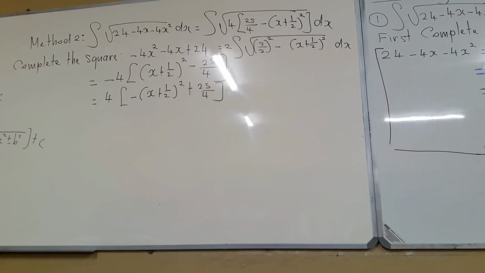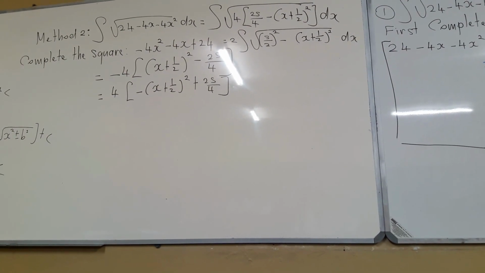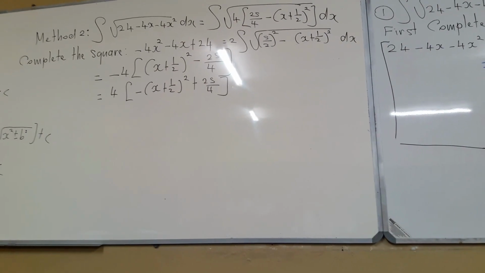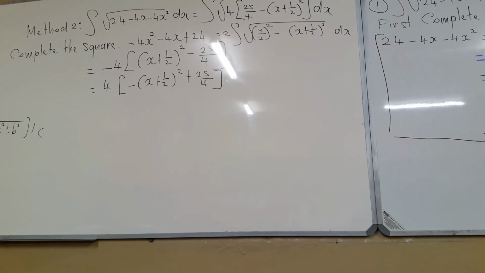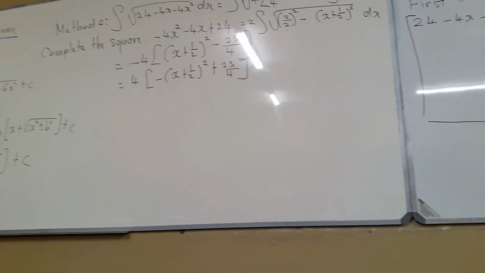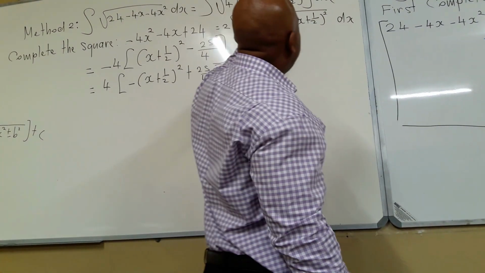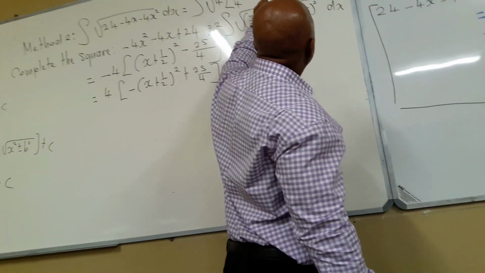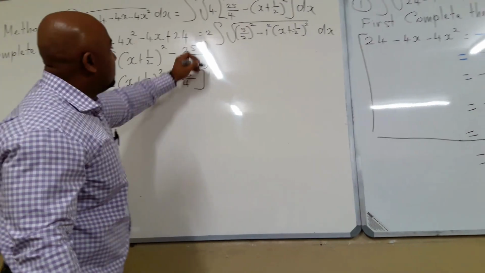A squared minus b squared x squared. What is my a now? 5 over 2. My a there is 5 over 2. Can you see that? Minus, what is my x now? X is still x plus 1 over 2. But remember, it has a b squared here. So, what is b squared? 1 squared. If there's nothing here, it's just 1 squared. You follow?